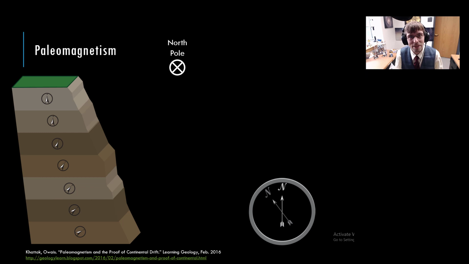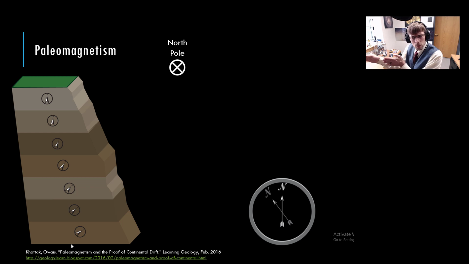In other words, back in the distant past, the further down you go, this layer of rock was at a slightly different location on the surface of the Earth. Its iron filings were pointing at north, and then they locked into place.